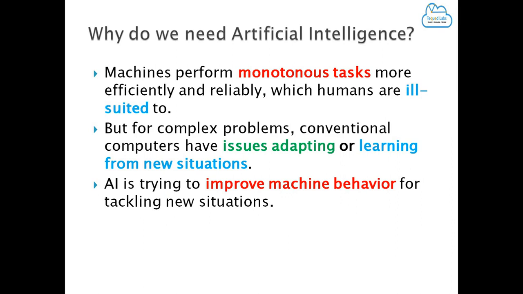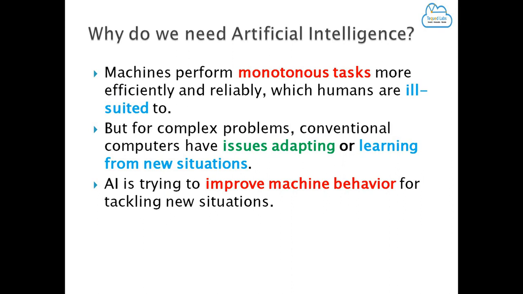So what is machine behavior? Whenever you are dealing with machines, it is improving how machines act, or how machines will take in a problem, adapt to a situation, and come to a conclusion. All these things are performed by our machines. So a very important thing is artificial intelligence. Yes, it is needed. Why? Because machines, when placed in the normal environment, will perform fantastically. They'll give their respective result.